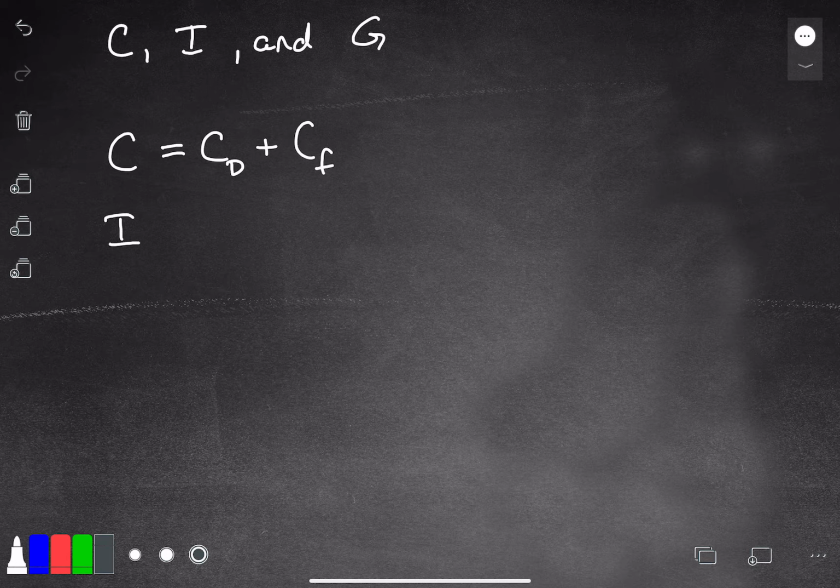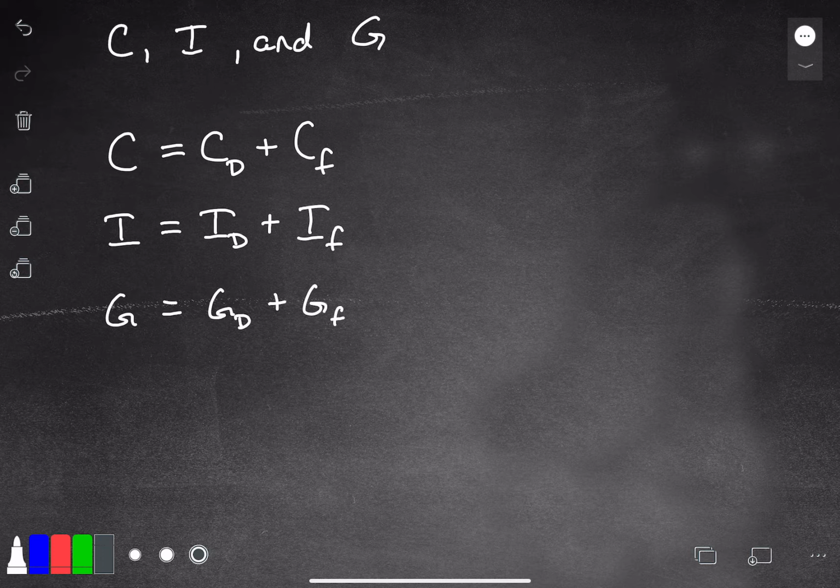And we could do the same for investment goods, and for government purchases, having a domestic and a foreign component, where the subscript D denotes domestic and the F denotes foreign.